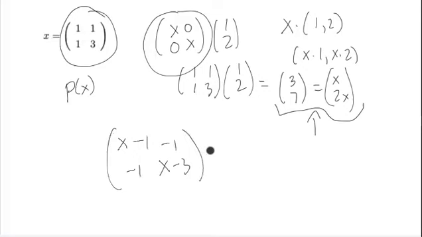Now, it does take a little bit of work to show, but intuitively, we could guess that the determinant of this matrix will behave like 0 as well, just written as a polynomial, right? And it does turn out to be like that.